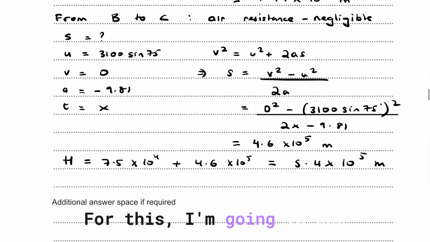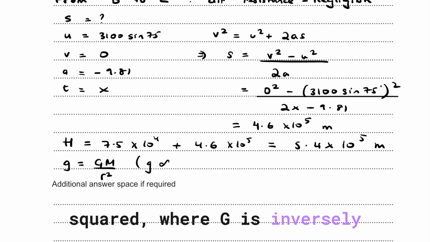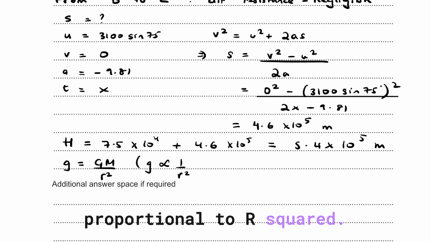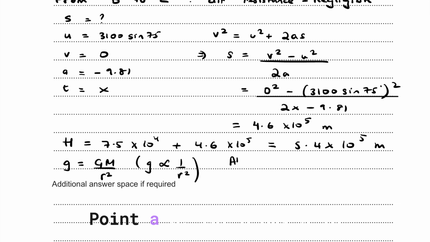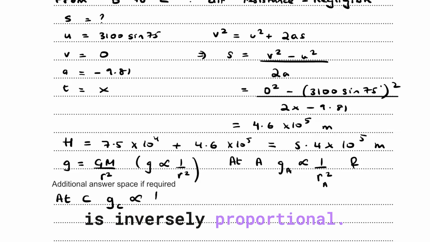For this, I'm going to use the formula g equals GM over r squared, where g is inversely proportional to r squared. At point A, g_A is proportional to 1 over R_A squared, and at C, g_C is inversely proportional to R_C squared.